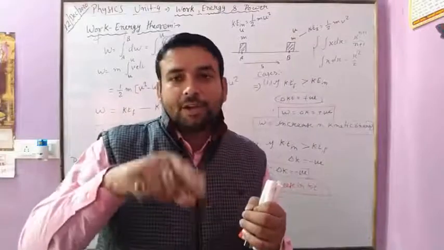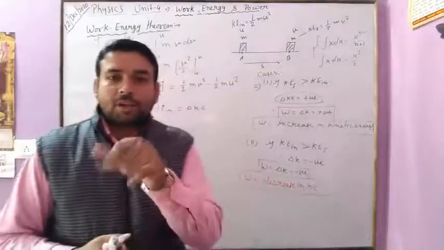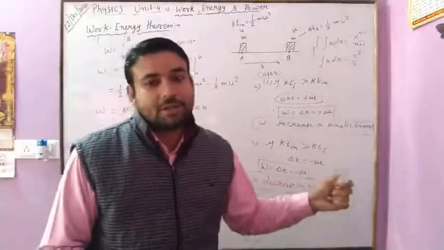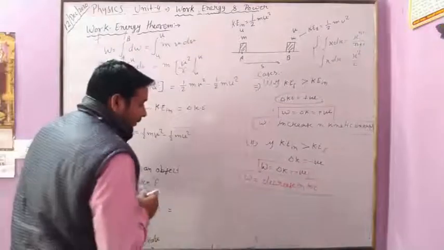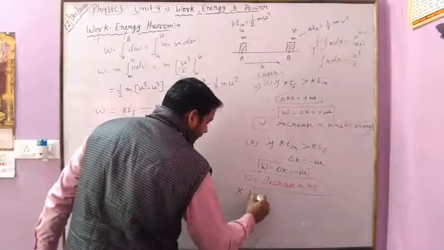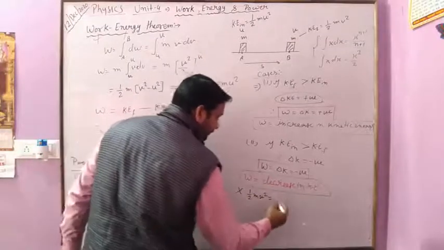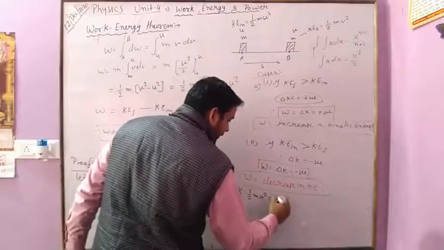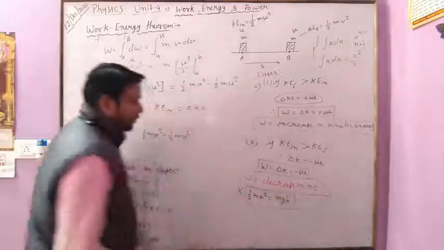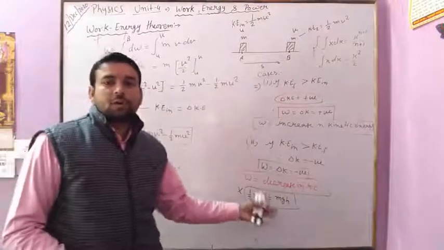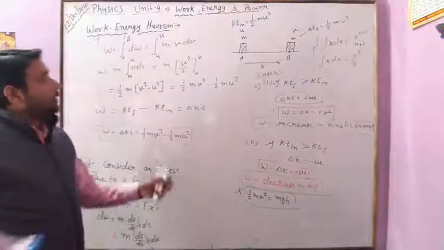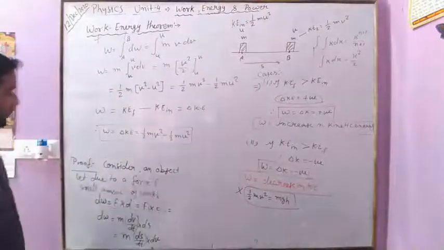So you can calculate from here the potential energy, and that potential energy equal to the kinetic energy by which the bullet is fired. So in this case you can calculate kinetic energy half m v square is equal to potential energy, that is m g h. You can do these kind of calculation for solving your numericals. We will take some numerical based on the work energy theorem. Just note down it.